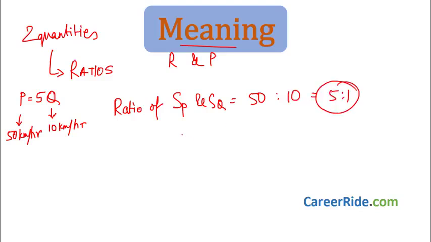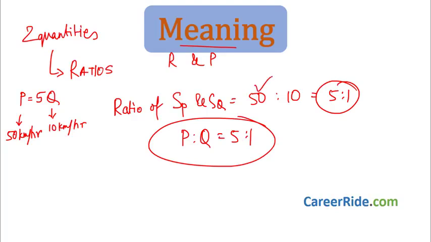So the ratio of speed of P is to Q is 5:1. Now these are the actual values, and when we simplify and reduce this, we get 5:1 because we divide by 10. 10 5s are 50 and 10 1s are 10. So the ratio of speed of P is to Q is equal to 5:1.